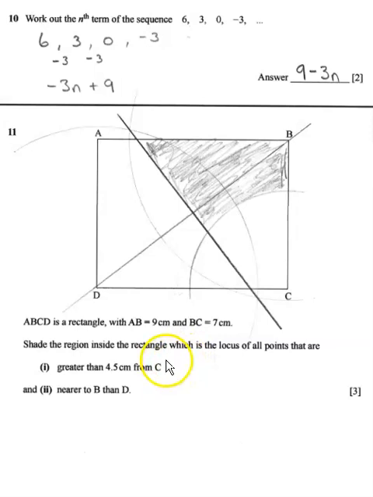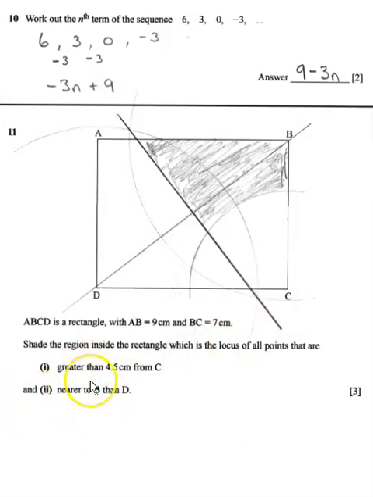Shade the region inside the rectangle with the locus of all points that are greater than 4.5 centimeters from C. Because it says from C, it's from a point, so we get our compass and we measure 4.5 centimeters. Then we can draw our arc there. So anything over this one is more than 4.5 centimeters.